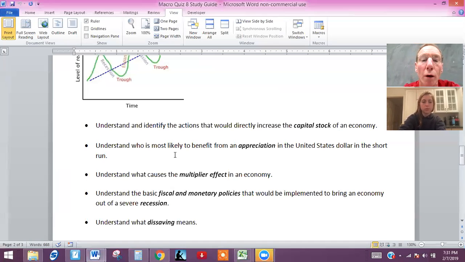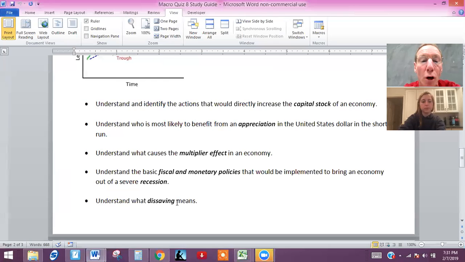And then we already went over this. I said that when income goes up, consumption goes up, and that just multiplies through the economy. And obviously when we're in a recession, we want to use a fiscal or monetary policy that's going to shift the aggregate demand curve to the right.